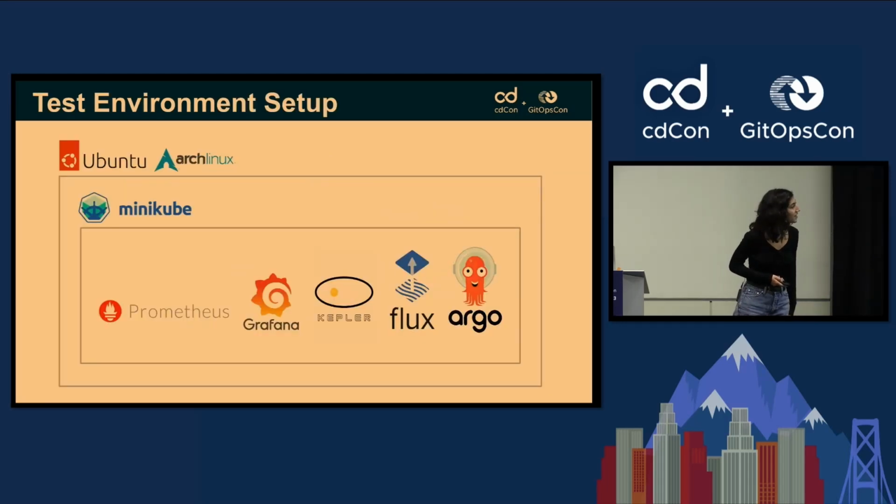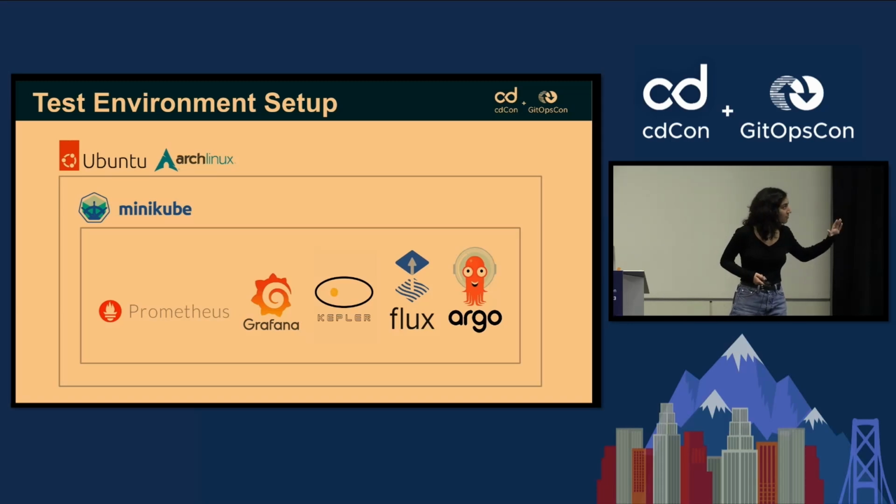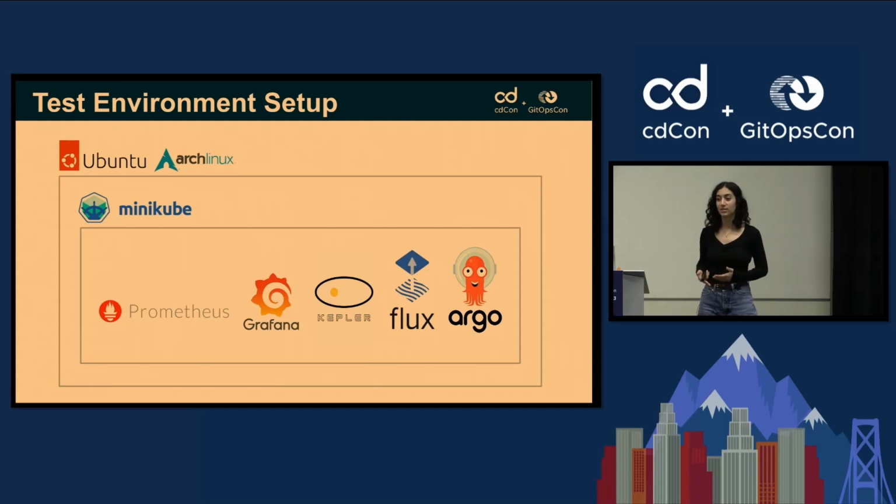It's magic. The test environment setup for these tests included Ubuntu and Arch Linux. I was using Arch for this, which hurts a little bit sometimes, but trying to do this on a Mac was very difficult, even in a VM. On Linux, it's much easier.